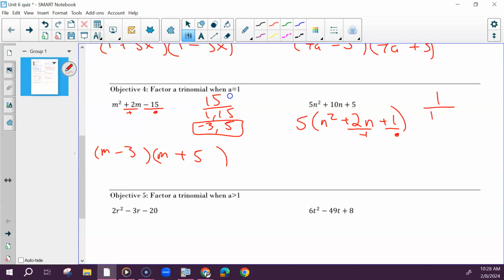There's only 1 and 1 that multiply to be 1. So then you would keep bringing down your GCF. Some of us did not do that. And this would have two factors. Your variable is n, and these are both positive. So that one was 3 points because of the GCF.